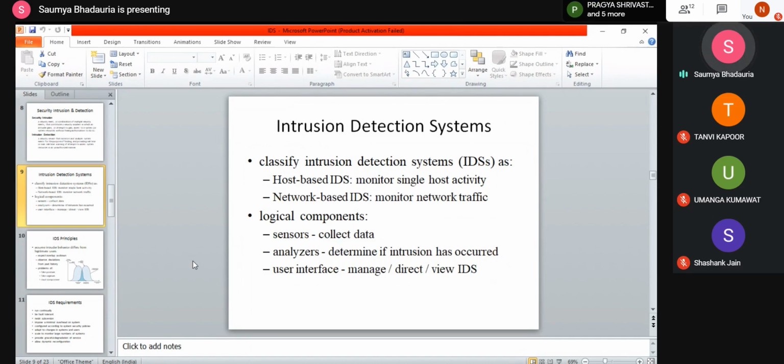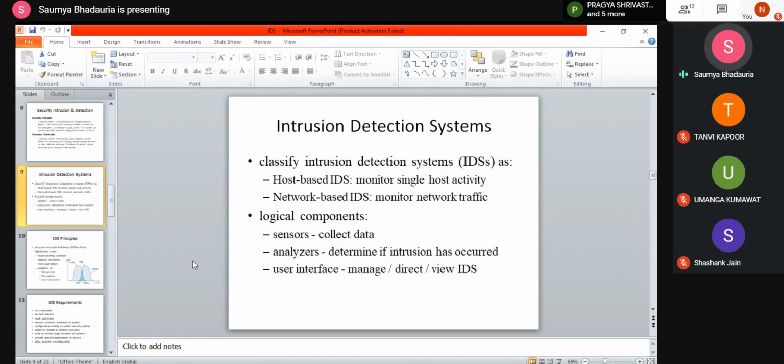There can be only one sensor and only one analyzer, depending upon the underlying architecture and what sort of intrusion detection system you are employing. Here, there are two possible intrusion detection systems: one is a host-based IDS and the other is a network-based IDS.